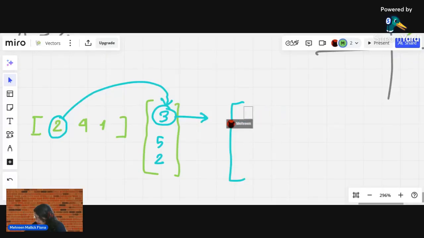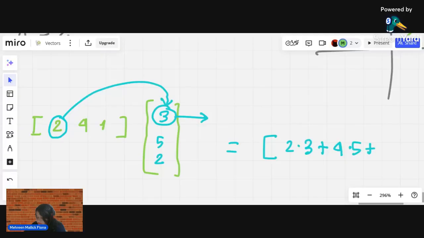As we were dealing with the order here, we must be careful that the resulting output would look like this: 3 plus 4 into 5 plus... or is it something wrong? Can anyone tell? Let me see in the comments.